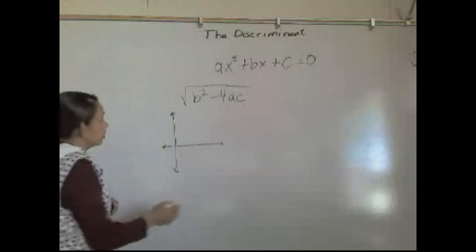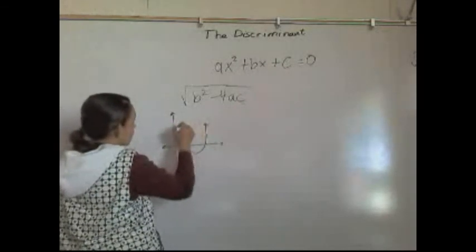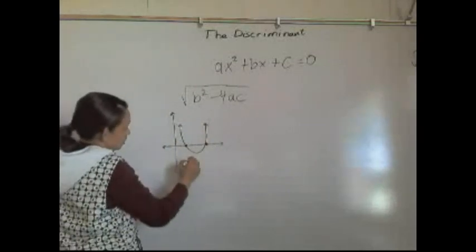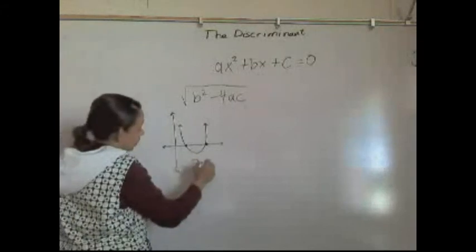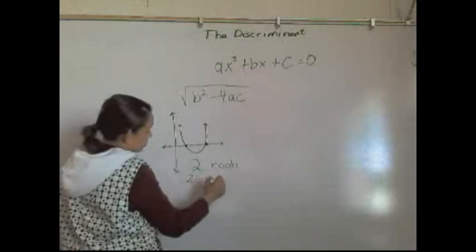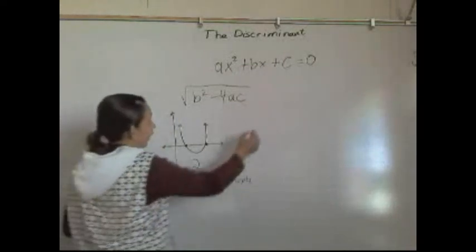So if the discriminant has 2 roots, your graph is going to touch the x-axis twice. So this is a graph with 2 roots, 2 x-intercepts.